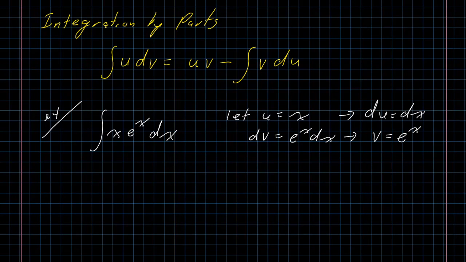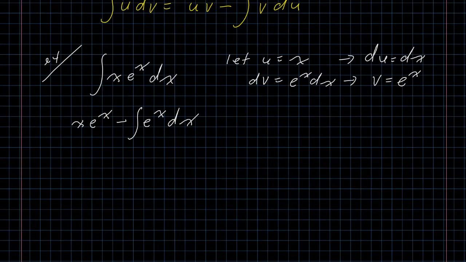All right, but now that we have that, it's just a matter of following the formula. u is x, v is e to the x, du is dx, and the integral of e to the x dx is just e to the x. And then, of course, when we take an integral, there's always the possibility of an arbitrary constant of integration. So x times e to the x minus e to the x plus our arbitrary constant of integration.